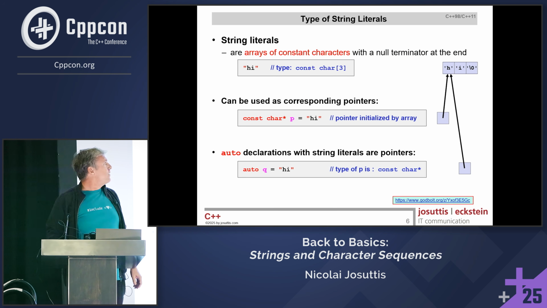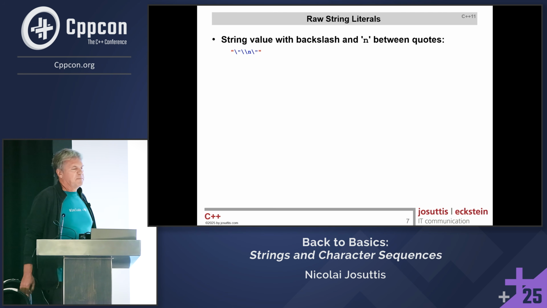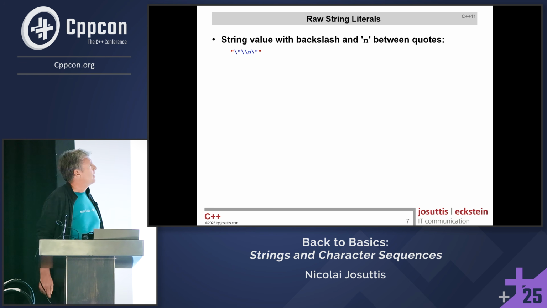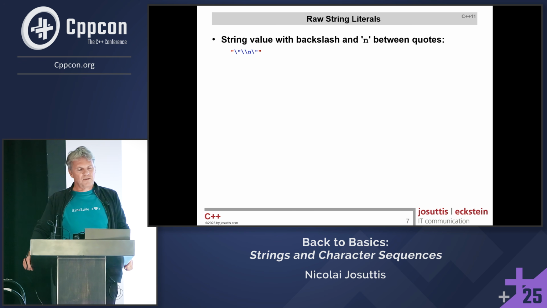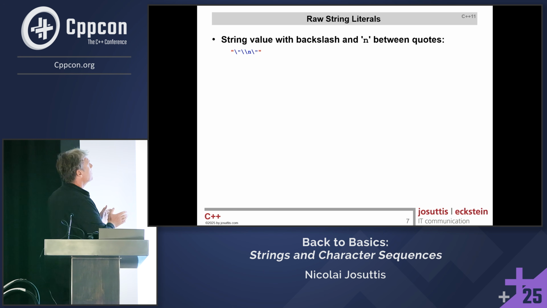When you specify such a string literal, you can use a special syntax, which is the raw string literal syntax. So here is an interesting string. The string has a character sequence. Let's have double quotes, then a backslash, then an N, and then double quotes.